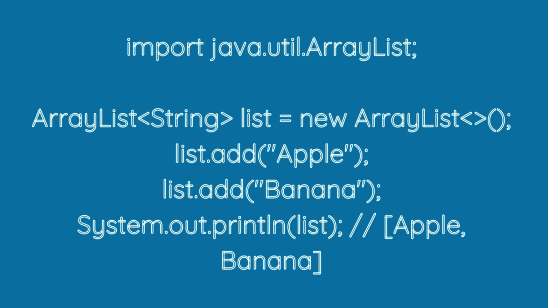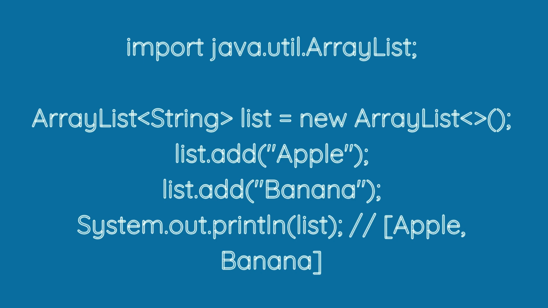Here a user wants to add apple and banana to the list in memory, like an array is like a memory zone.